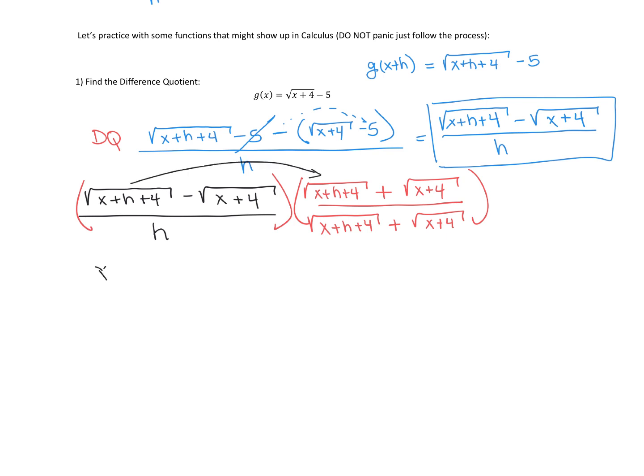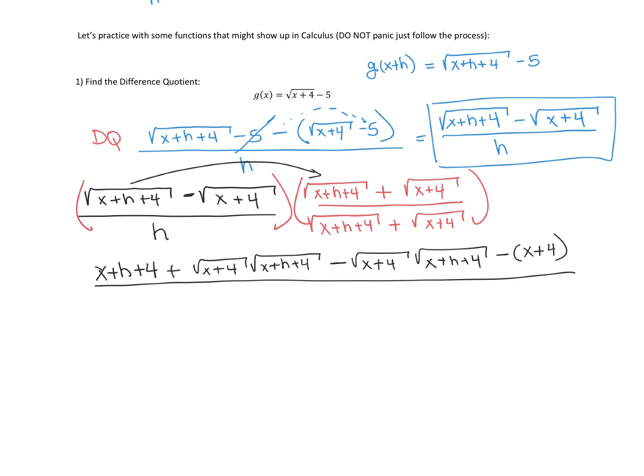We're going to get x plus h plus 4, plus the square root of x plus 4 times the square root of x plus h plus 4, minus the square root of x plus 4 times the square root of x plus h plus 4. And then when I multiply the two lasts, I'll get minus x plus 4.